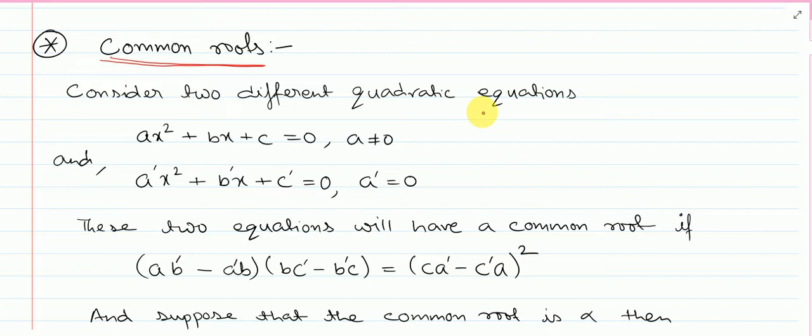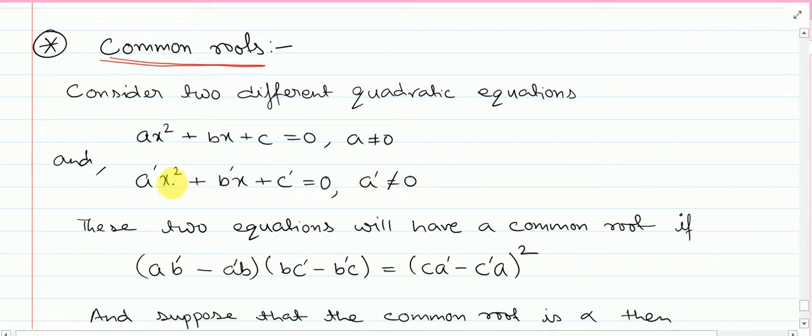So we are just trying to understand what is the condition for two different quadratic equations to have one common root. So consider two different quadratic equations. Let's say the first one is ax square plus bx plus c is equal to 0, where a is not equal to 0, and the other one is a dash x square plus b dash x plus c dash equal to 0, where a dash is not equal to 0.